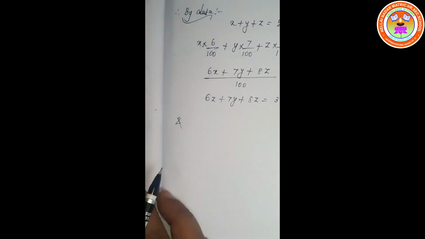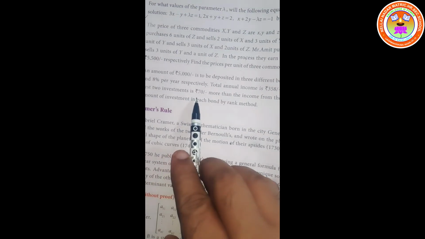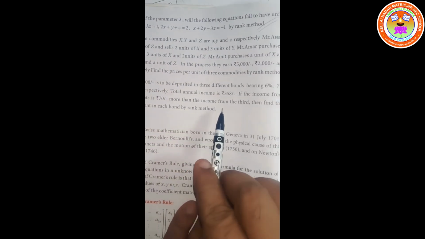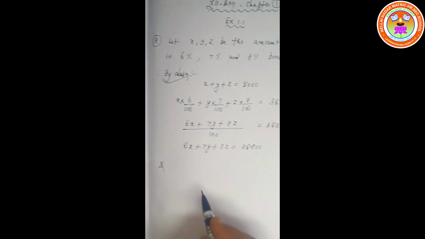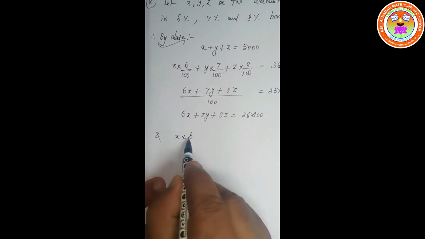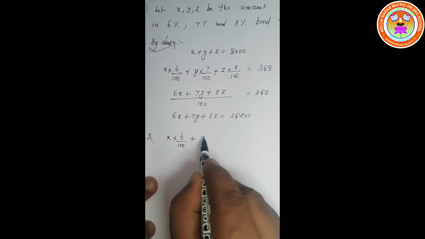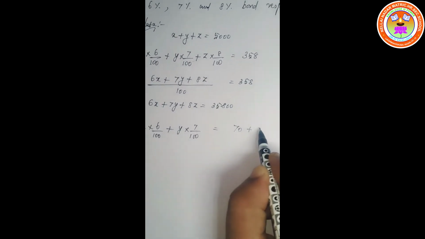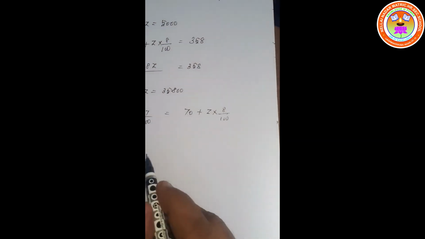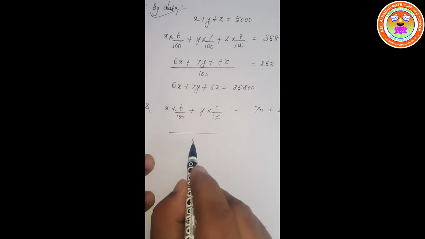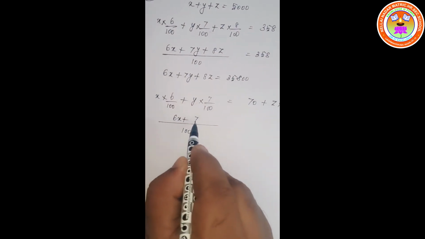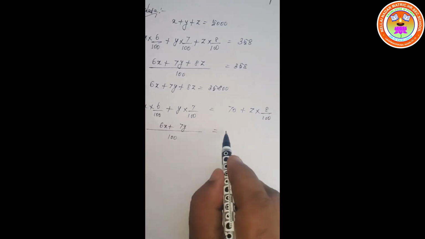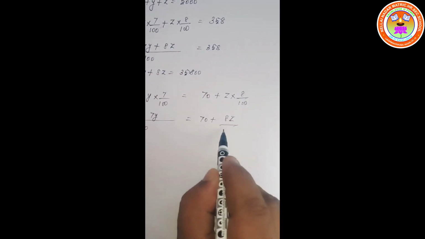And the third condition, listen, the income from the first 2 investments is 70 more than the income from the third. That is, income from first, x into 6 by 100, plus income from second, y into 7 by 100, is equal to 70 more than income from the last, that is z into 8 by 100. Here common denominator 100, write 6x plus 7y equals 70 plus 8z by 100.